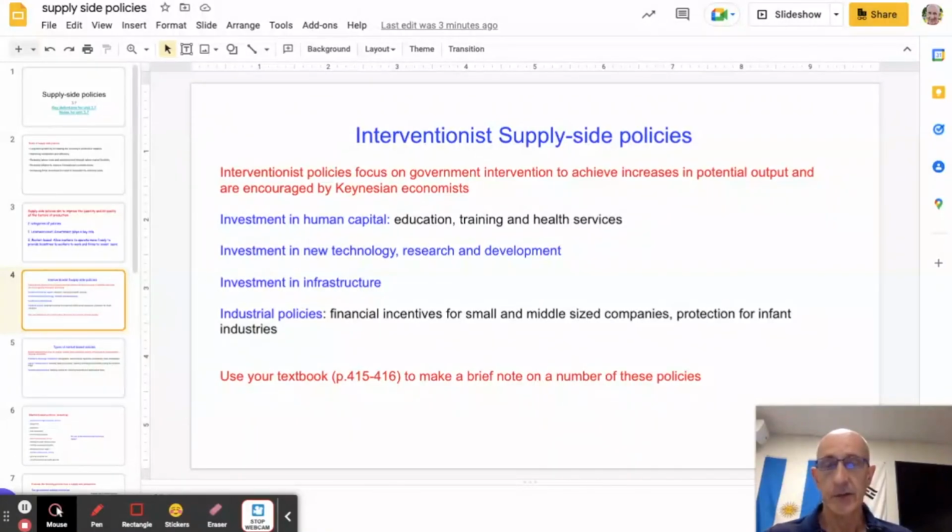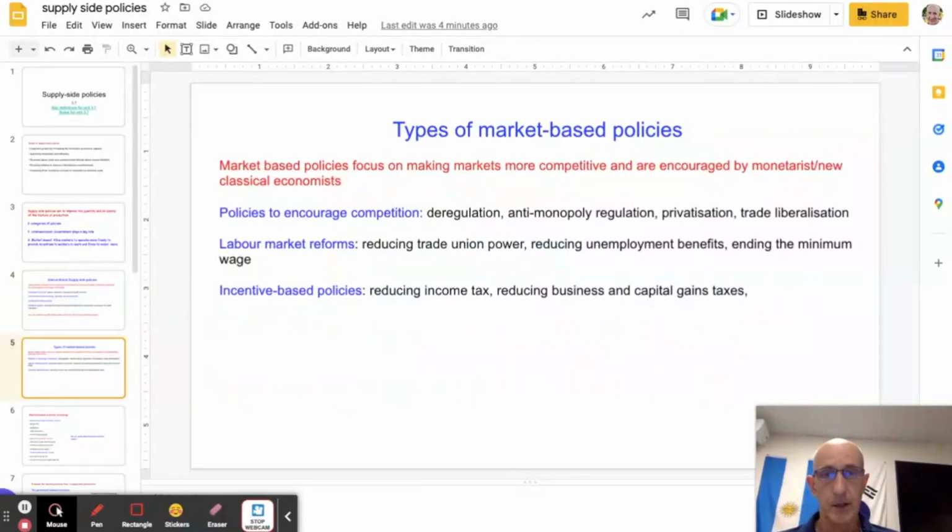The various categories are to invest in human capital, education, quantity and quality of healthcare, technology, research and development, grants, for example, might be given, infrastructure, basic infrastructure in the road network or utilities in general, various industrial policies, again, to try and encourage competition in markets.